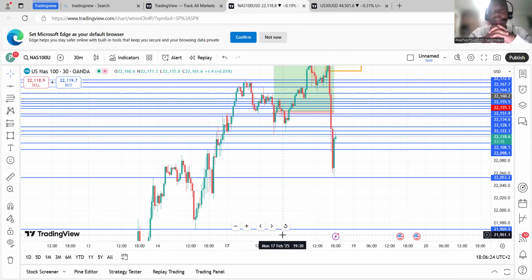Guys, I'm talking about an account of 5,000 US dollars. The only maximum loss that I can ever go to is $250. So imagine how many $250 losses I'm supposed to take for me to lose a whole 5,000 account.